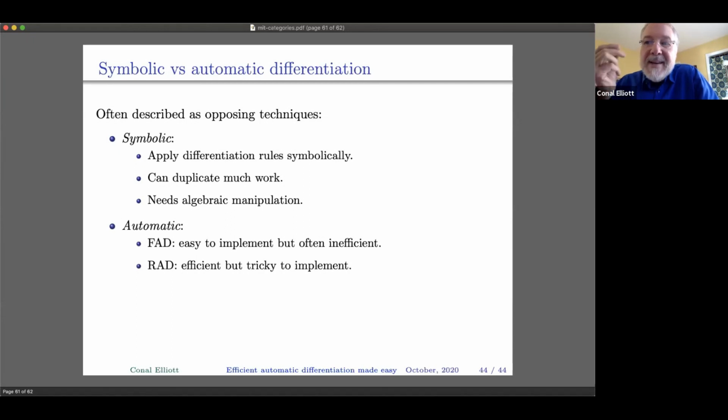But that's not really about symbolic differentiation. That's about symbolic differentiation without the ability to represent sharing. You need some kind of construct like a let, or a DAG, a directed acyclic graph instead of a tree. So I think for me the difference between symbolic and automatic differentiation is just this.